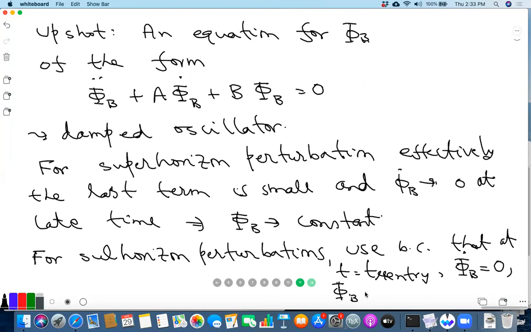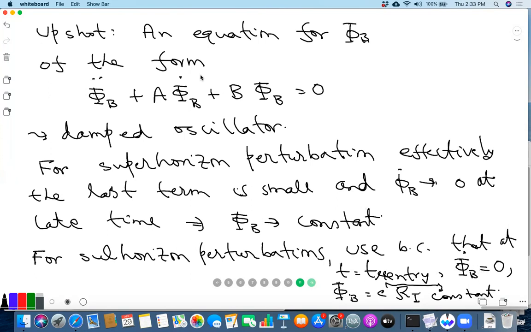This is equal to some c times r i, remember? Where c was 3/5 if the re-entry happened in the matter dominated era, and it's something else if it happened in a radiation dominated era. So some constant, which you can calculate. So this is the initial condition. Phi b is some value and phi b dot equal to 0.